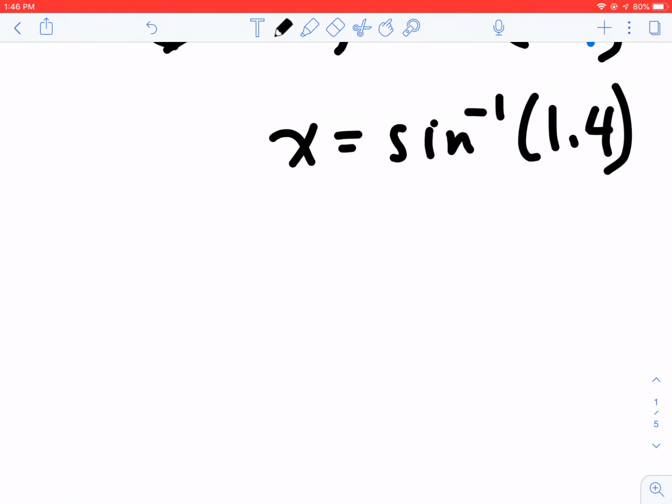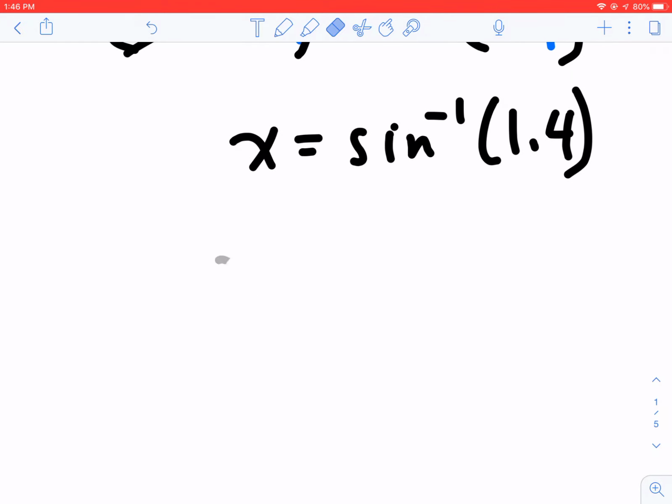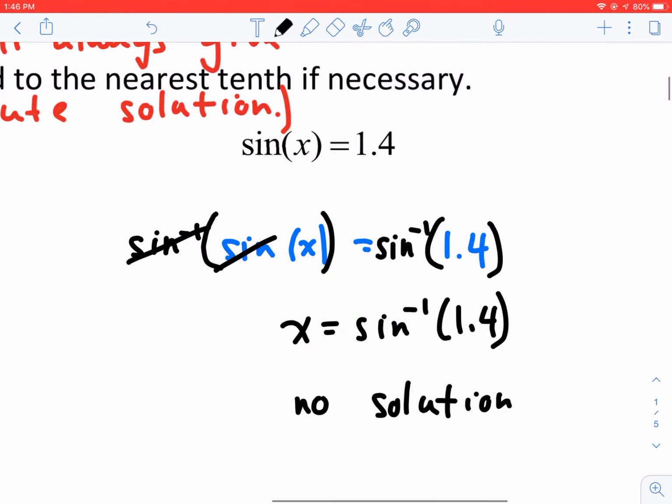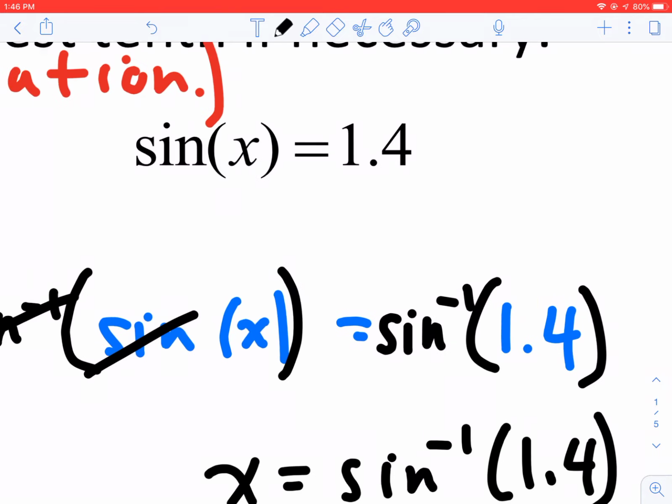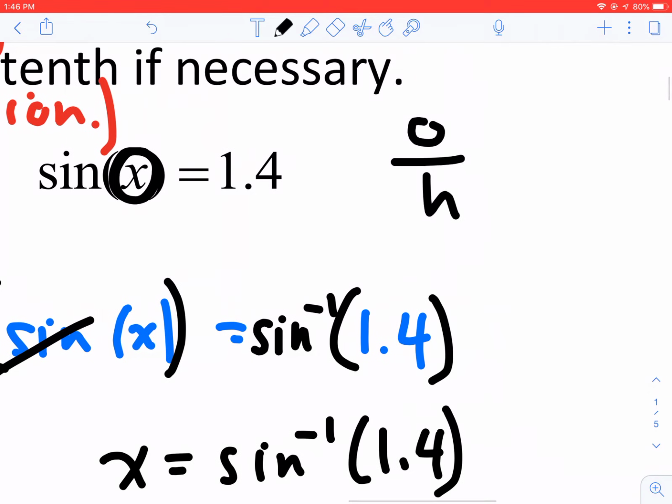There is no solution here, and I want you to think for a second about why. There's no solution. X is undefined. Well, remember, we're getting that result because this is asking the sine of what angle produces an opposite over hypotenuse that's equal to 1.4.